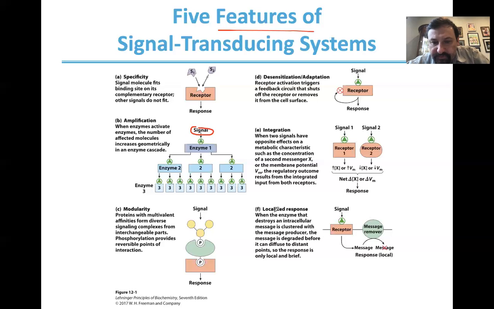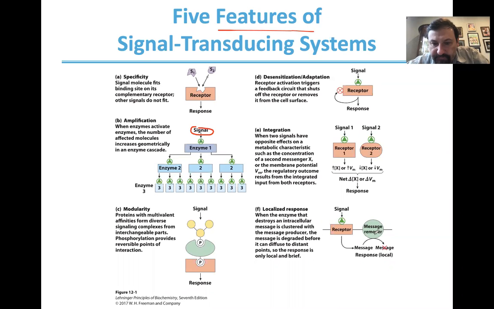And there's also what's known as a localized response. You can transmit your signal far away, let's say to distant sites.